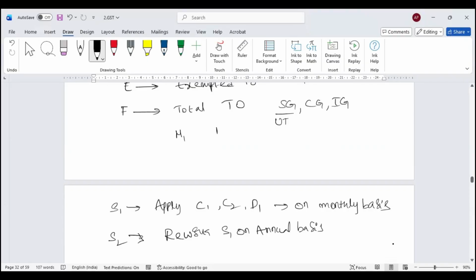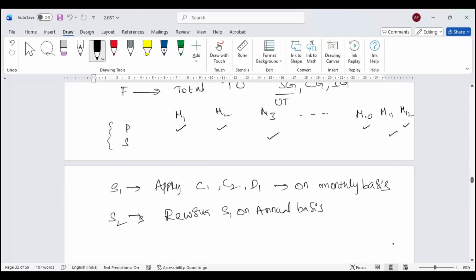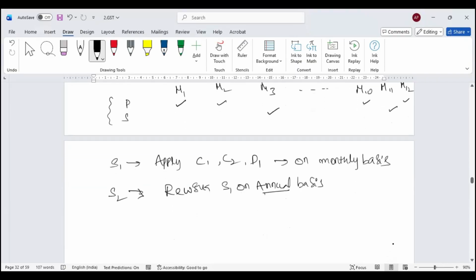When we look at month 1, month 2, month 3, so on till month 10, 11, 12, I could have purchases, I could have sales. Purchases happen in month 1, month 2, sales happen in month 3. Similarly, purchases happen in month 10, sales may happen in month 11. Purchases again happen, sales are subsequent. So because there is an erratic pattern, they want to rework on annual basis at the end of year. This is what they have said.